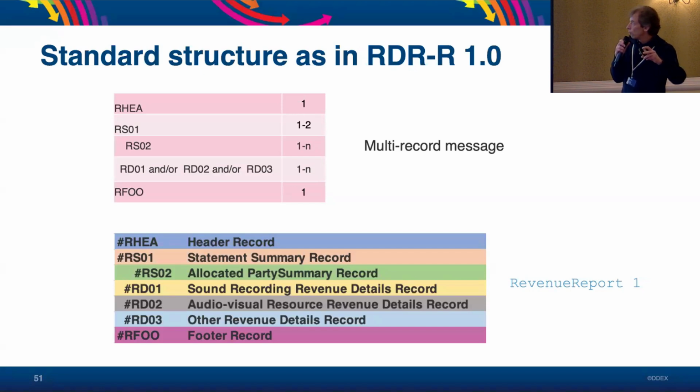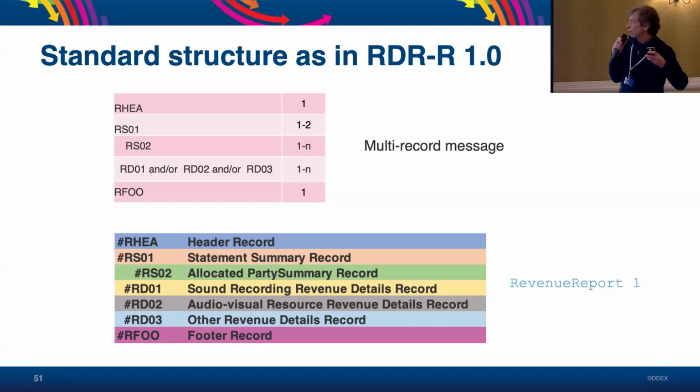So first you have a summary which is in the statement summary record, and then this can be followed by 1 to n allocated party summary records, where you're still at the summary level, but where you're now splitting up the summary into the revenues depending on the allocated party. So you're getting more specific already. And then you list all the details.